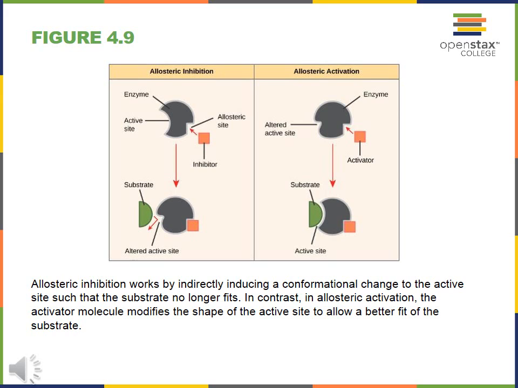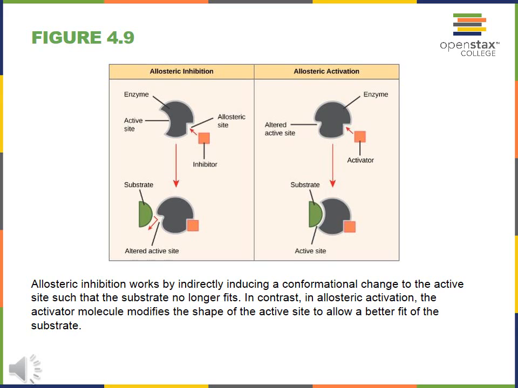On the right, we have the allosteric activation model. What both of these are illustrating is, not all enzymes are just sitting there waiting for something to come and attach to them. Enzymes move around, and sometimes we require them to be active, and sometimes we require them to not be active.